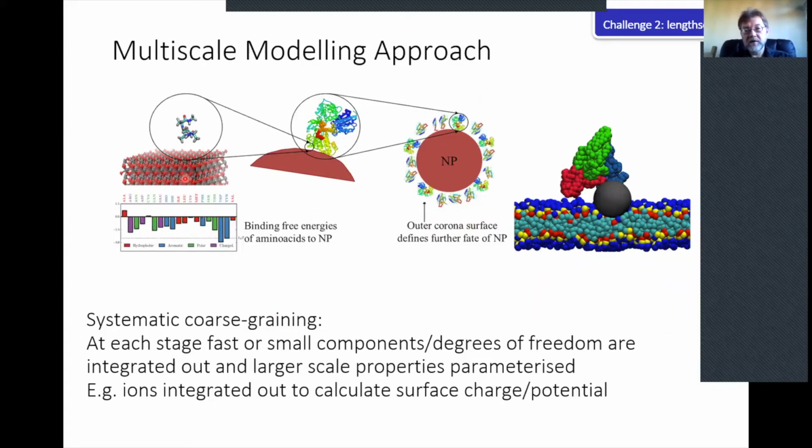And this approach is systematic so that we don't just take parameters from experiment or from elsewhere, but we feed parameters calculated at the more detailed resolution to the larger scale system. So it's still mostly a first principle approach.